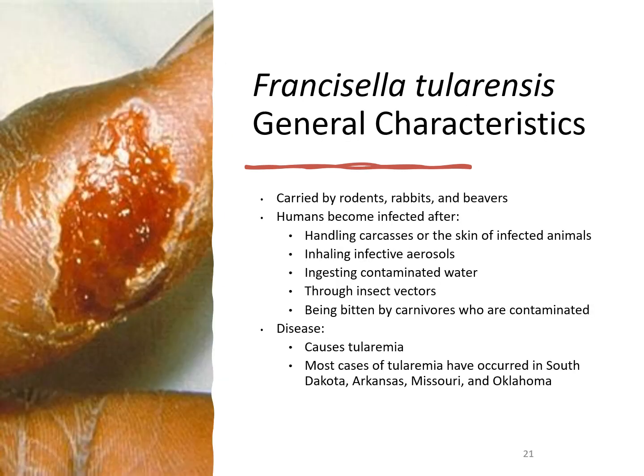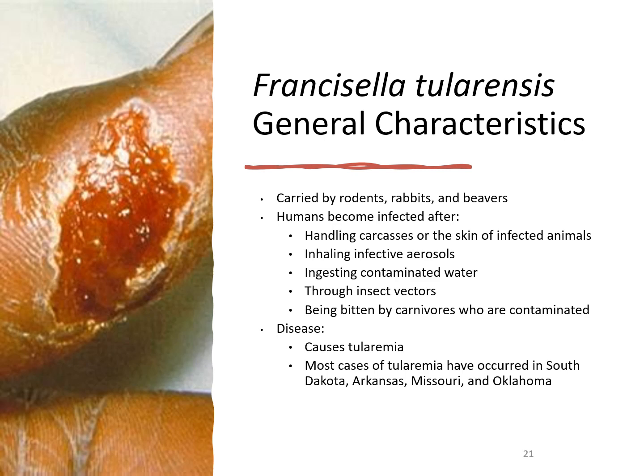Francisella tularensis is carried by rodents, rabbits, beavers. Humans become infected after they've handled the carcasses or the skins of these infected animals, through inhalation of the aerosols. They can also be ingested with contaminated water, so maybe one of these carcasses was in the water supply.